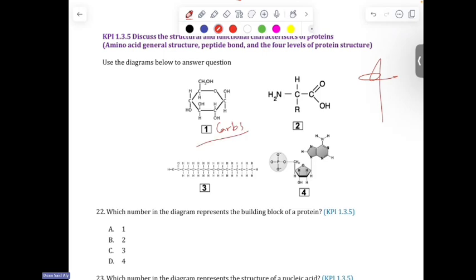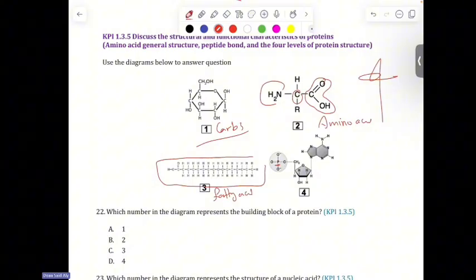Type number 2, look here, it has a central carbon, hydroxyl group, and amino group, so this is the amino acid. Look at this long chain of the fatty acid or the lipid. Type 4, look at this one, it has a phosphate, so it's a nucleotide. It can be DNA or RNA. By this way, you can answer the questions very fast.